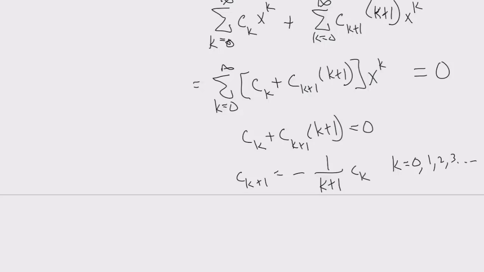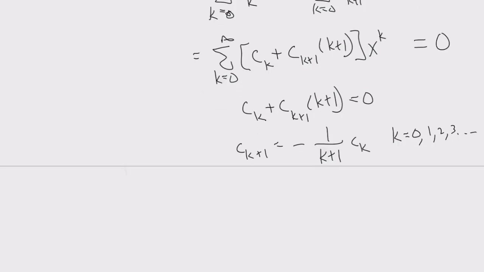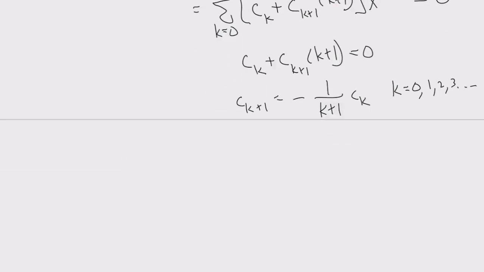Now I'm going to do a little bit of expanding. What would the first term look like? c sub 1 would be negative 1 over, k would have to be 0 at that point, so 1, c naught, so that's negative c naught.